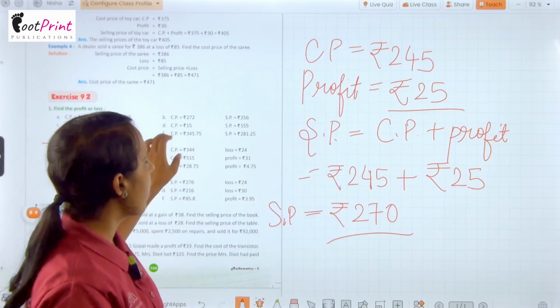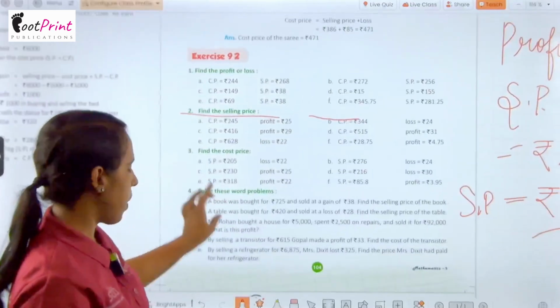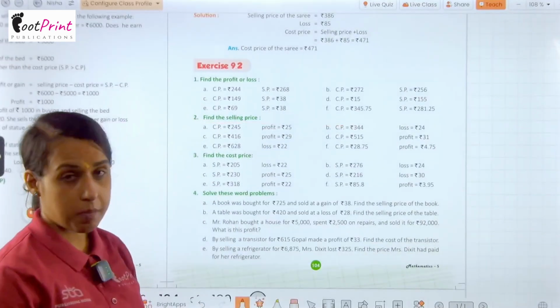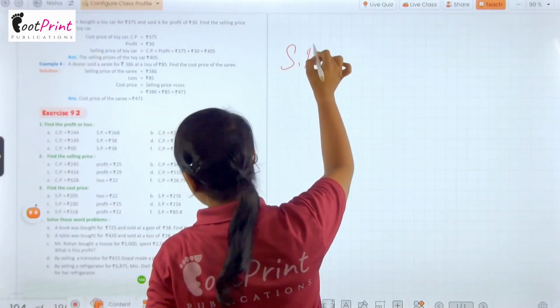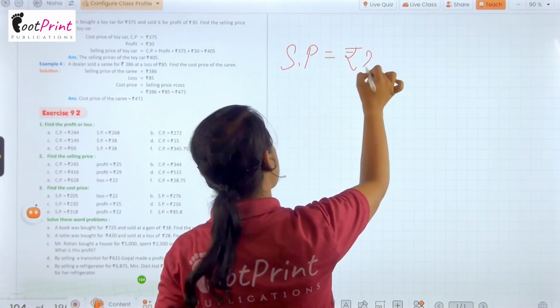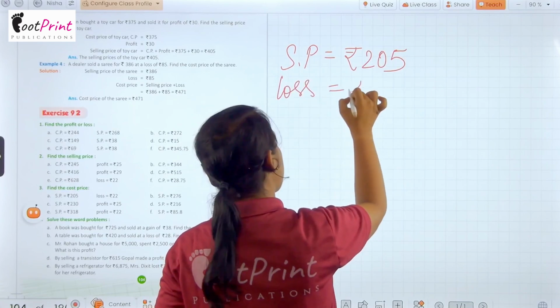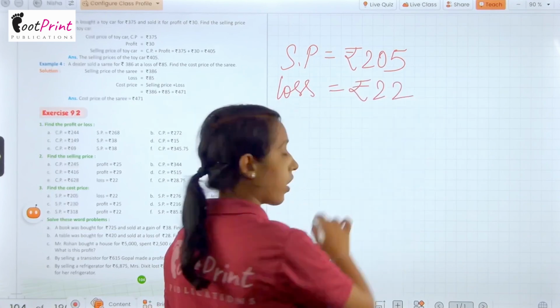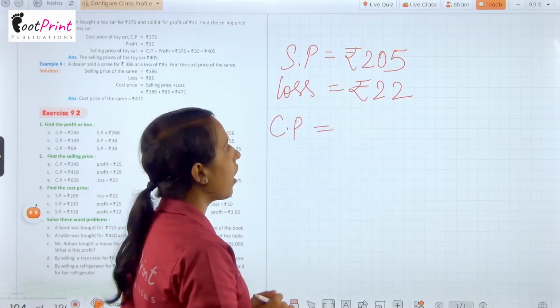Okay, now we are moving to the next question, that is find the cost price. Here we have to find out the CP. And so we have given here SP is equal to 205 rupees and the loss is given here 22 rupees. Okay, and we have to find out CP. So SP and loss is given.